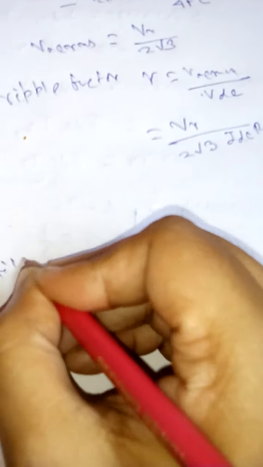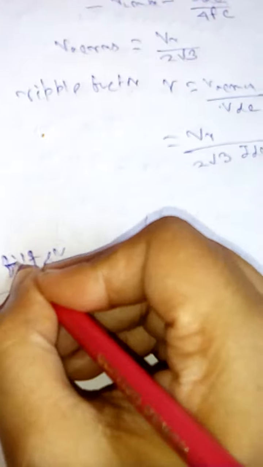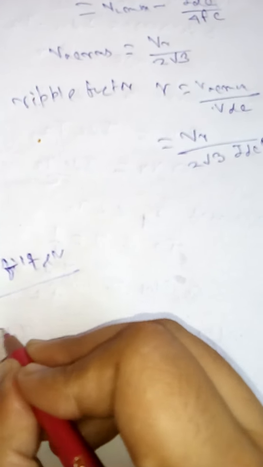Next, the LC filter. LC filter means here an inductor and capacitor are both present.